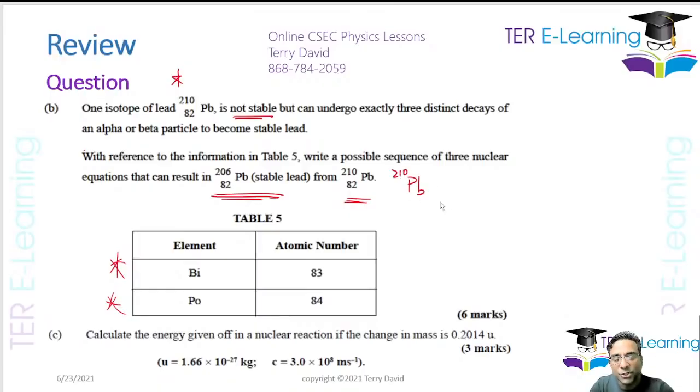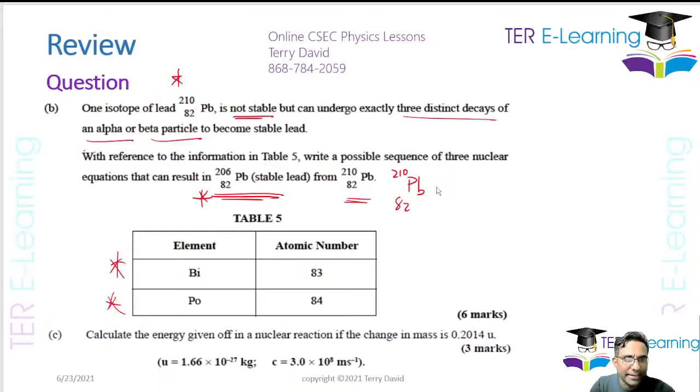So these are what we call nuclear reactions, right? So you have lead 210, 82, right? And they said it can undergo exactly 3 distinct decays of an alpha or beta particle. So we want 3 reactions in order to end up with lead 206, right?